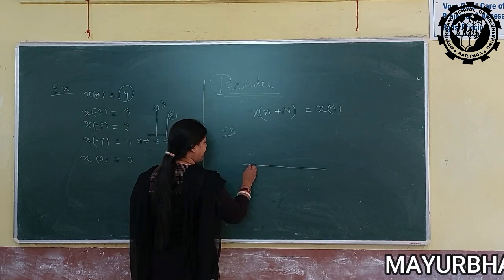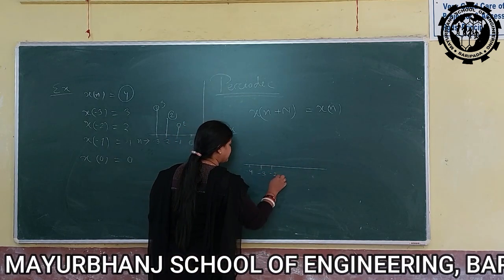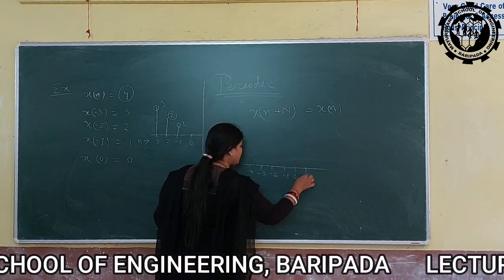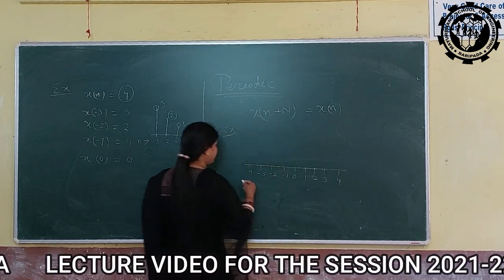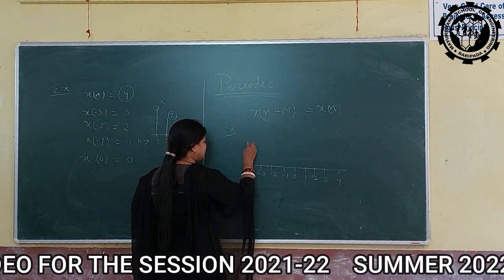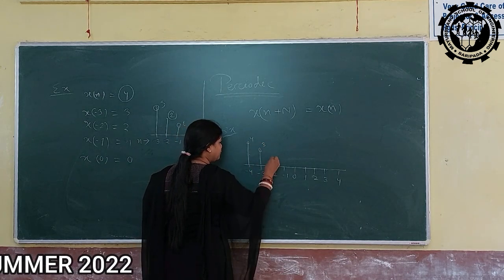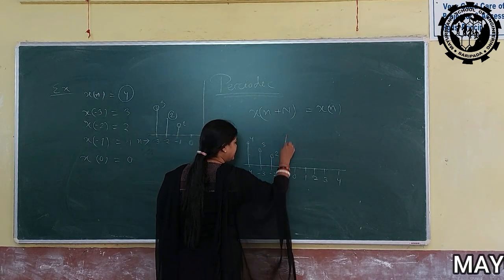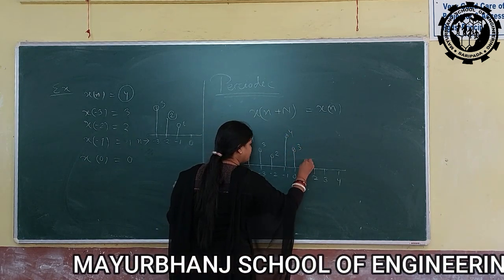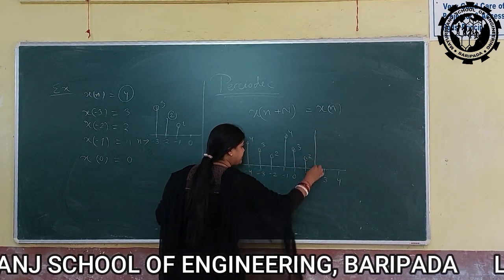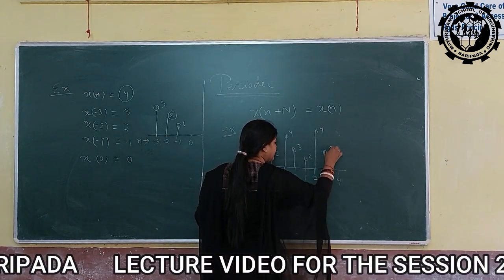Here n is minus 4, minus 3, minus 2, minus 1, 0, 1, 2, 3 and 4. The signal repeats: 4, 3, 2, again 4, 3, 2, again 4, 3, 2.